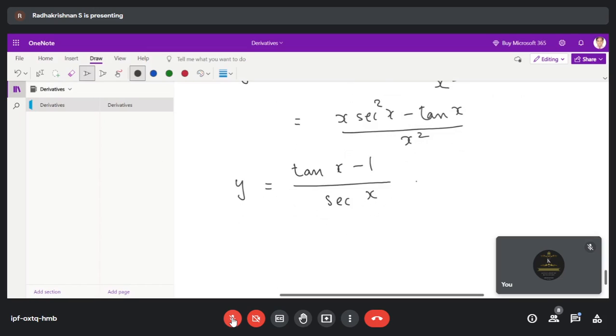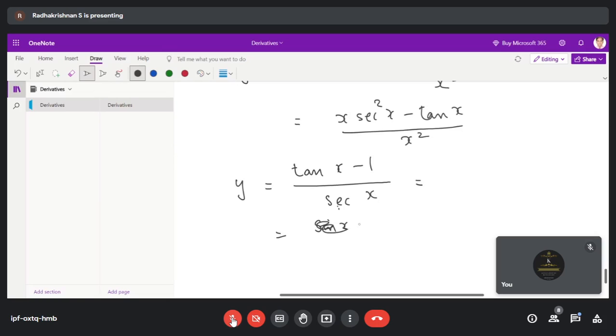So they have given this as tan x minus 1 by secant x. So there are two ways in which we can do it. One is we can simplify. What is tan x by secant x? Sin x by cos x.